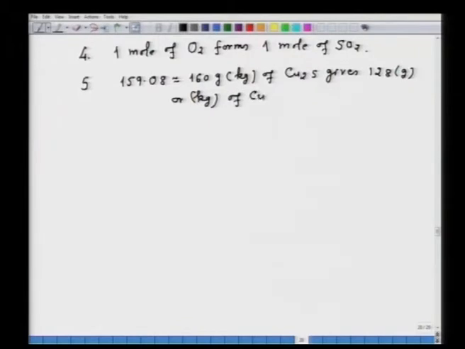Similarly, you can obtain various information from the balanced chemical equation.